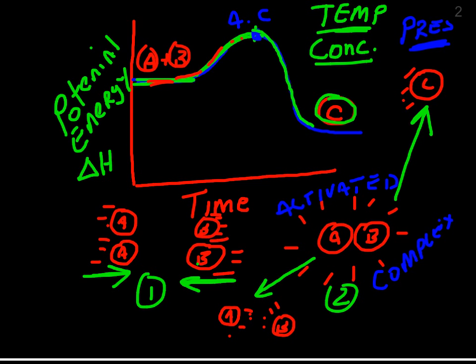And what a catalyst does is it drops the height of this hill. And this hill right here, that distance, the amount of energy that it takes for this collision right here to happen, that hill is called the activation energy.